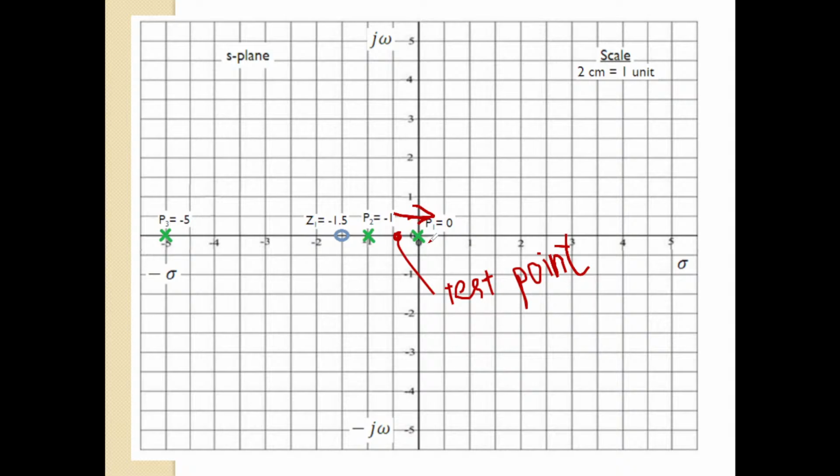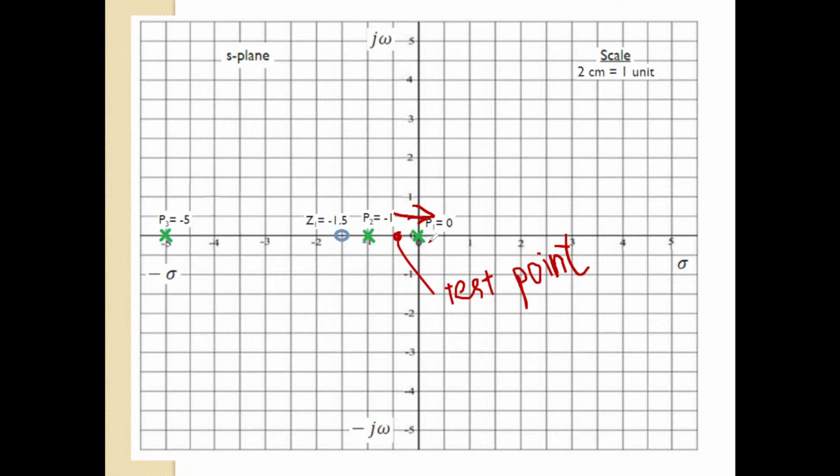There is only one pole on the right side, which is an odd number. Therefore there will be a root locus. It will start from P1 and end where it meets another root on the real axis. Now there is a root locus between P1 and P2.